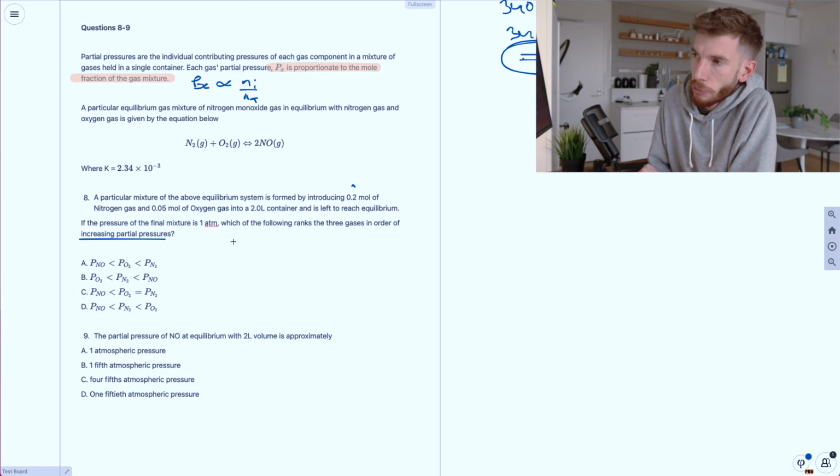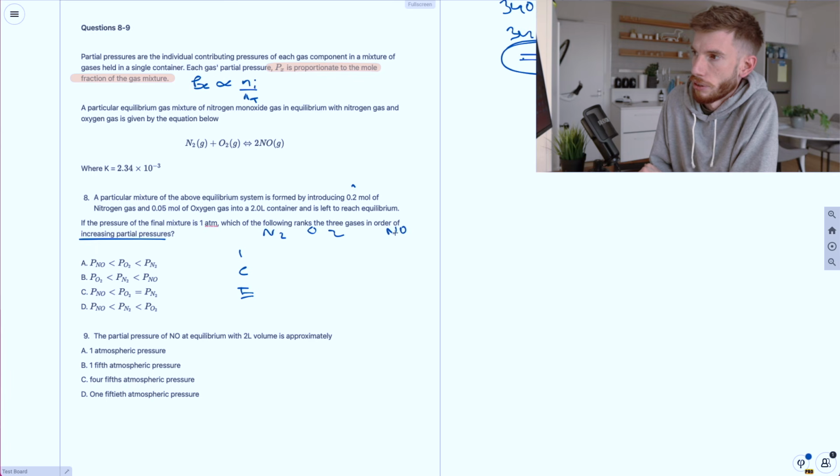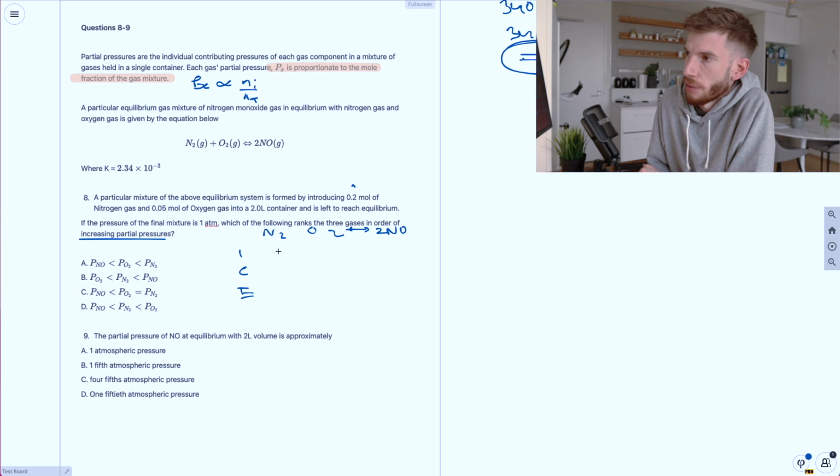Because it's an equilibrium mixture, I need to do an ICE table. So we've got N2, O2, 2NO. We're told at the start we have 0.2 moles of nitrogen and 0.05 of O2, 0 of this.